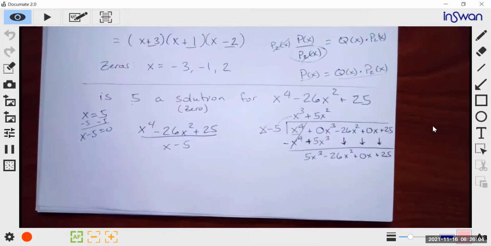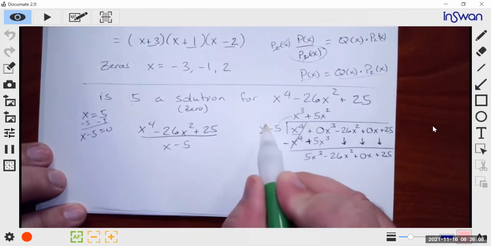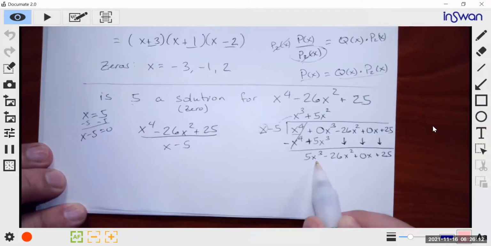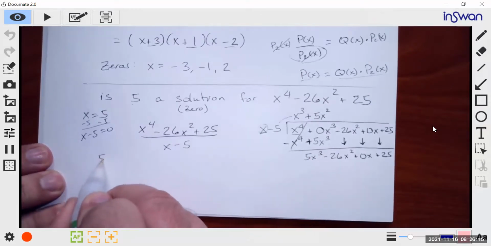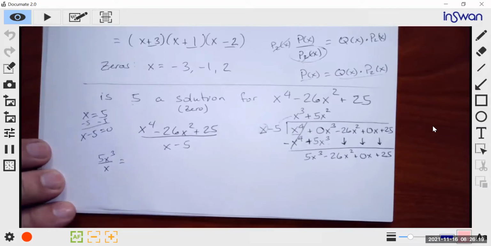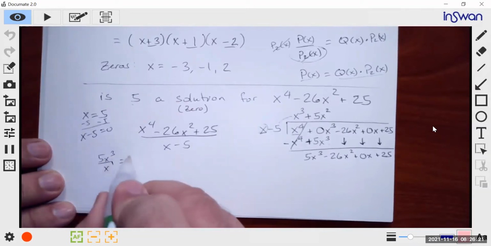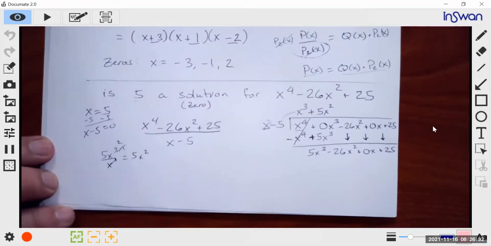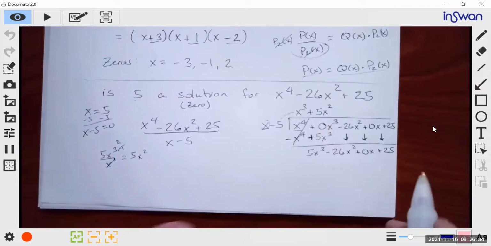Okay. Here's a shortcut. Remember, we're always asking, what does that need to multiply to get that? So if I take 5x cubed and divide it by x, what do I have left? I cancel one of the x's. So that's where I get 5x squared.